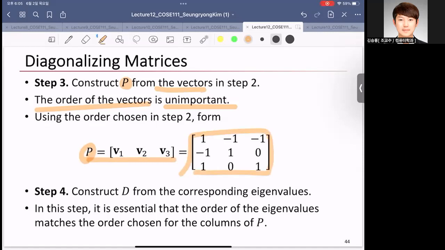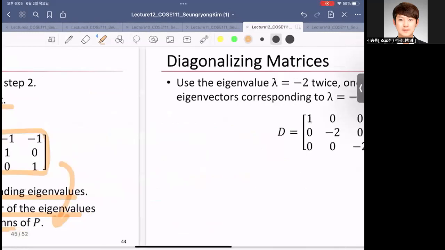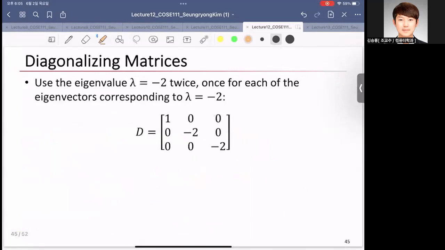And step 2, construct D from the corresponding eigenvalues. We already know this one. It is essential that the order of the eigenvalues matches the order of the chosen columns of P. So you just write the eigenvalues in the corresponding positions.